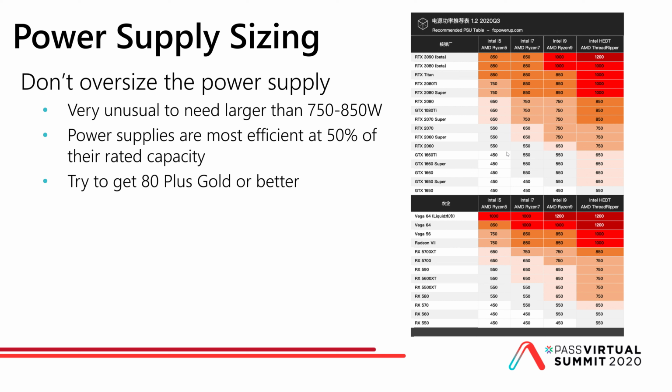That means you can get away with a 550 watt power supply, which is a lot less expensive than a 1,200 watt power supply. And you're going to be more efficient also, because you're only going to be drawing maybe 250 to 300 watts when you're running fully loaded on the GPU and CPU.